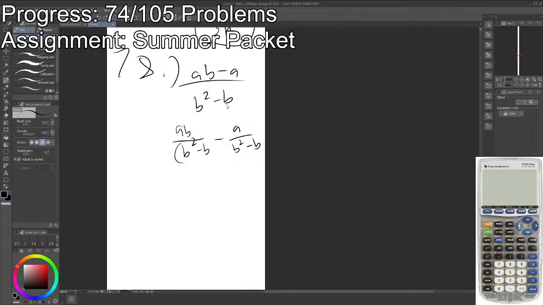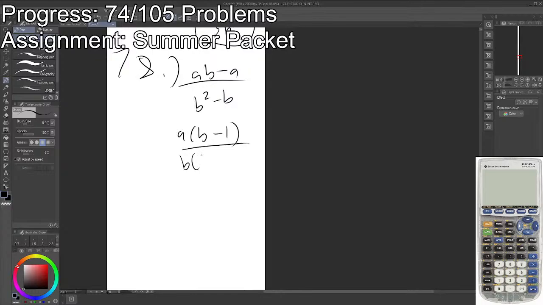Wait, maybe factor something out. Wait, what would be the point of that? Or no, yeah, you could factor out an A at the top. And then a B at the bottom. Oh, wait.